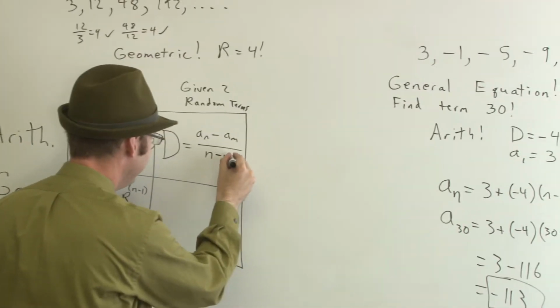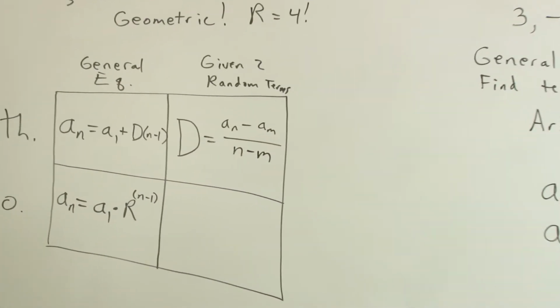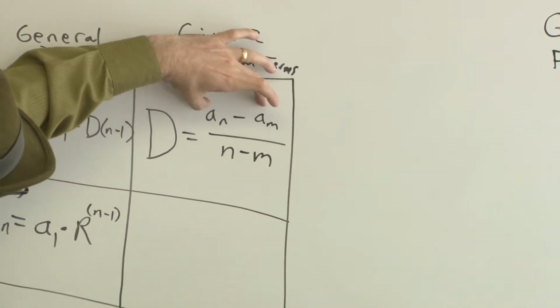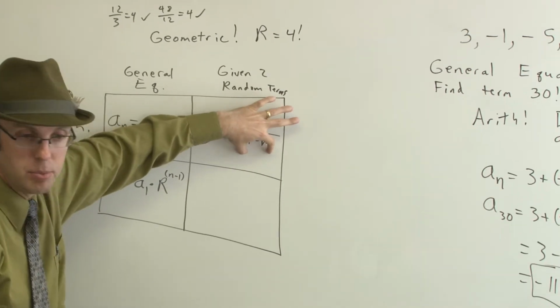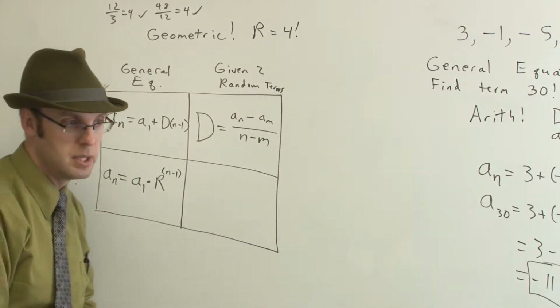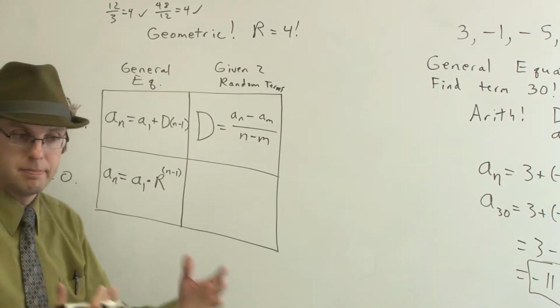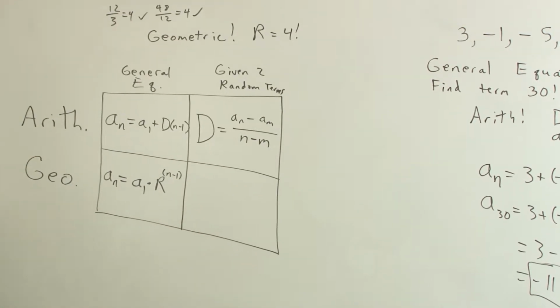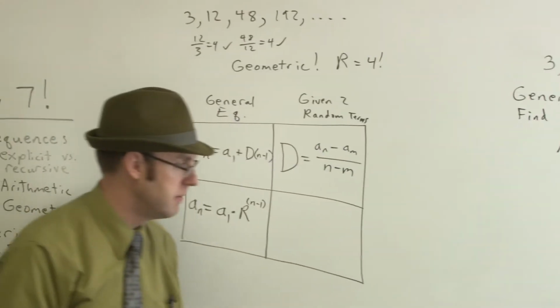So I'm just going to take an minus am and divide by n minus m. The distance that I go along the number line divided by the number of steps that I take gives me the distance per step. And what's n? So n and m are the two terms that I'm given.